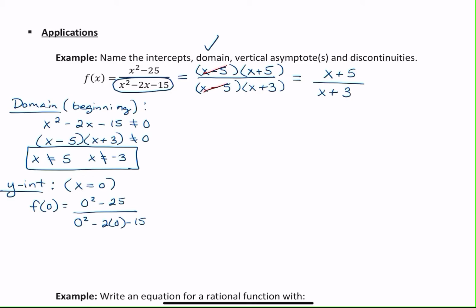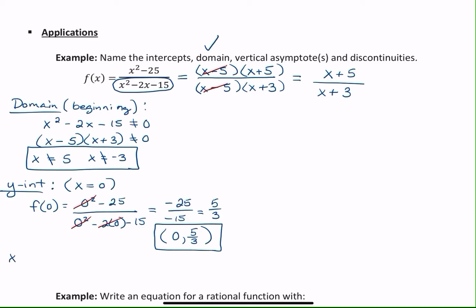So everything with an x will zero out, and that leaves us with negative 25 over negative 15, or positive 5 over 3. So you have a y-intercept at 0, 5/3.